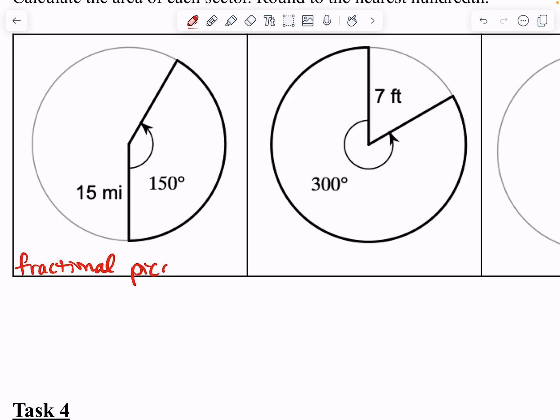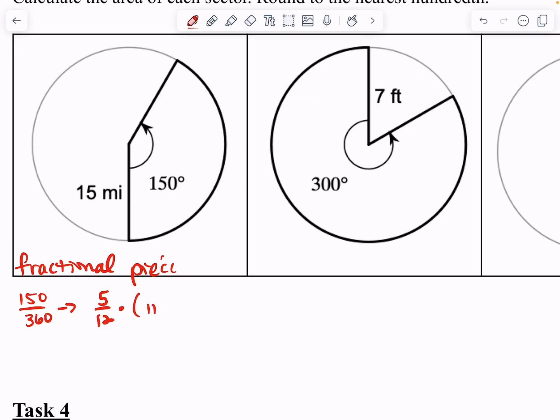So the question here is, how much of a circle do I have here? So I'm gonna do 150 divided by 360, and I'm really just reducing that in my calculator. So if I put in 150 over 360, I'm interested in 5/12 of the circle. So I need to multiply 5/12 by my area.